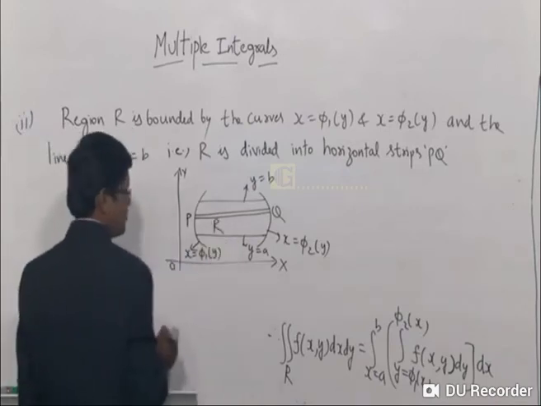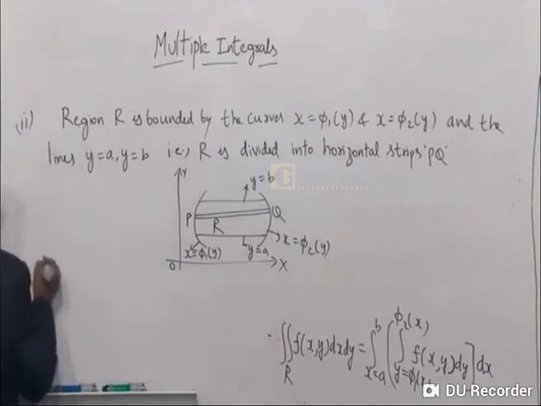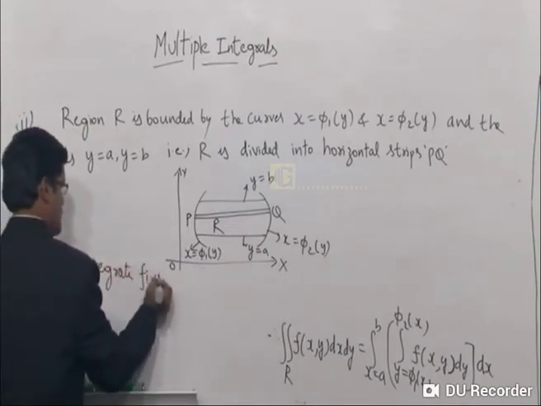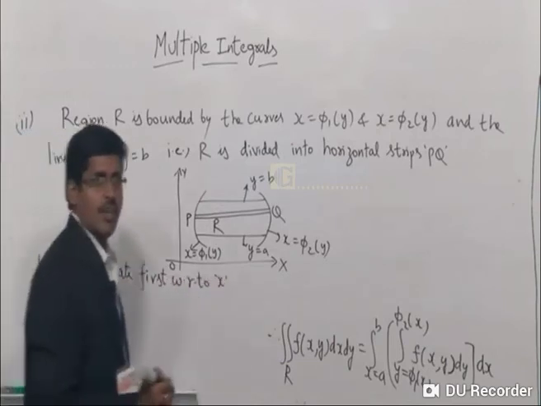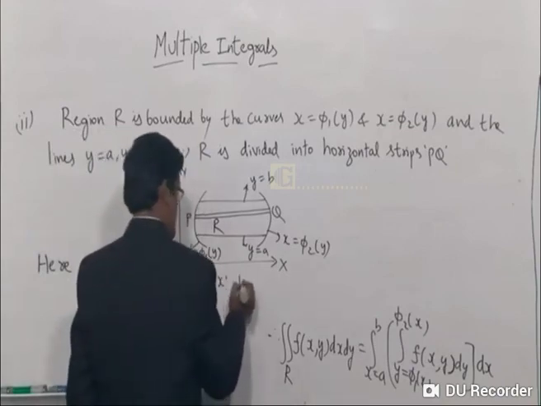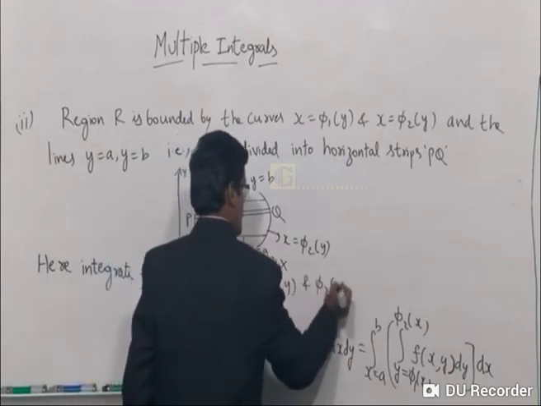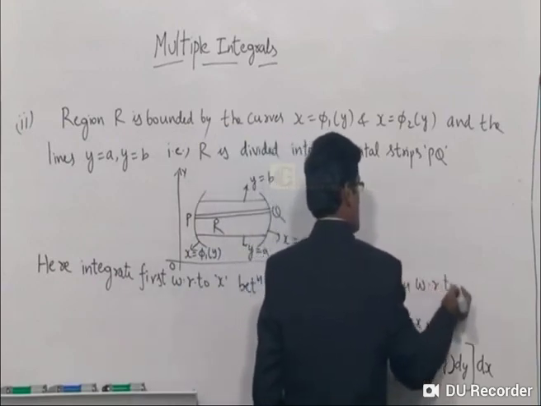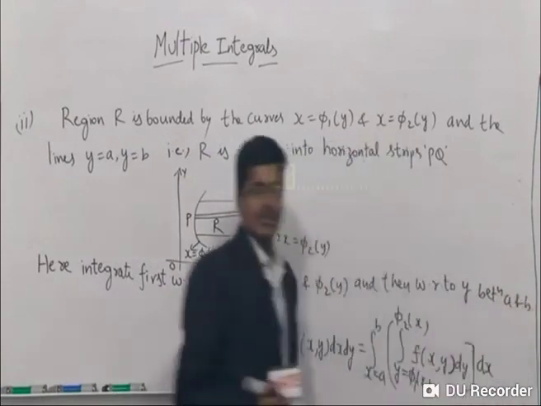So this is the region R. Here integrate first with respect to x, because the x limits are functions of y, between phi 1 of y and phi 2 of y, and then with respect to y between a and b.